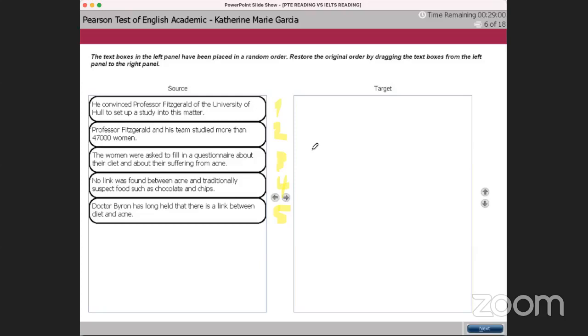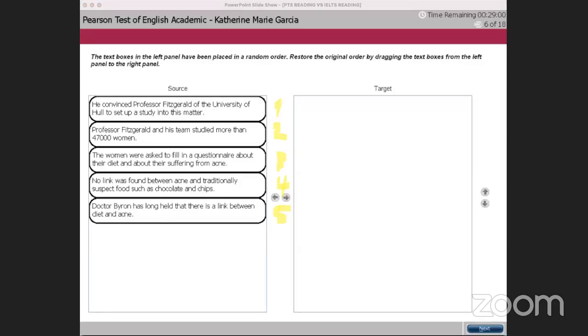Okay, please type your answers. What is the correct order of these numbers? Type your responses, please, on the message box, or the chat box. What is the correct sequence?